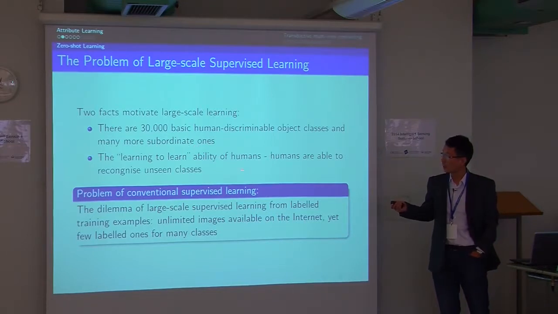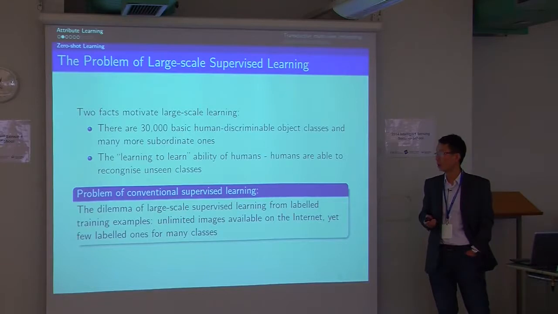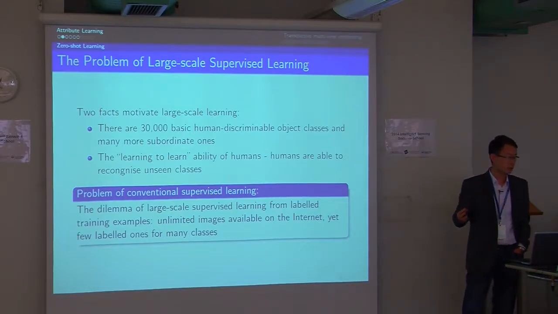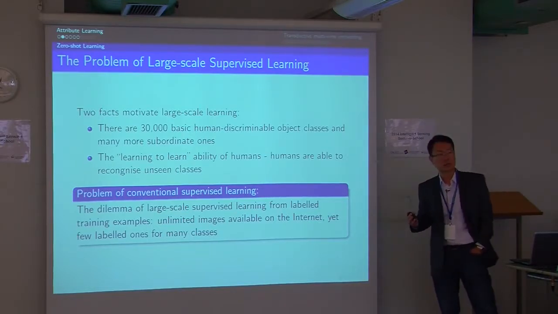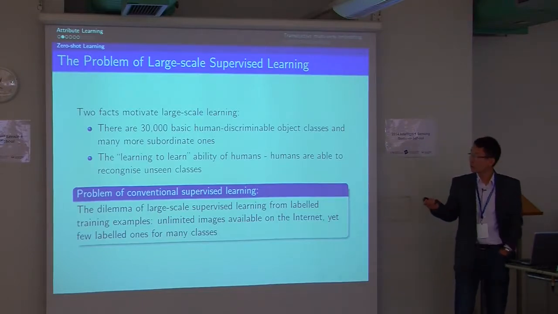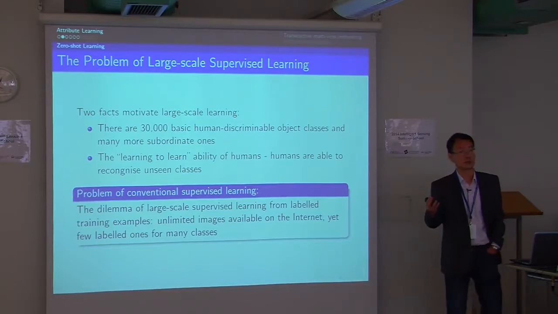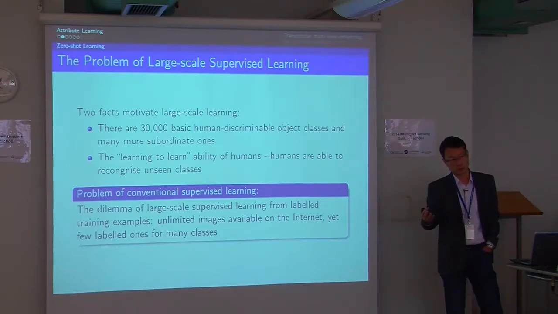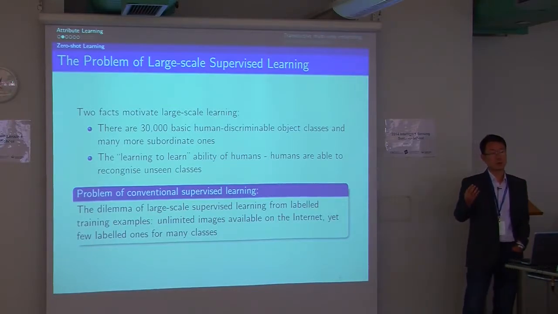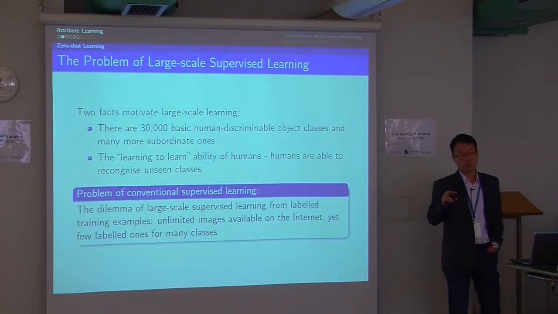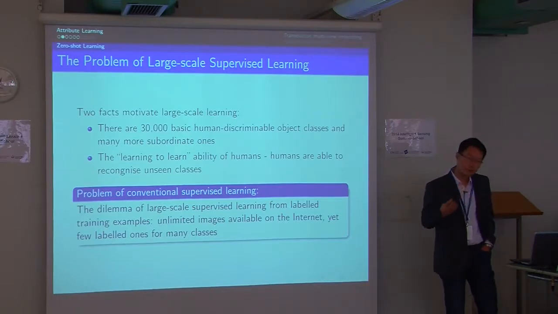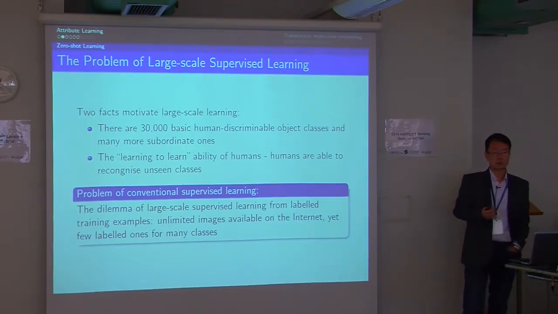Another thing we found out a long time ago is that humans have the ability of so-called learning to learn, which means for a lot of categories people have probably never seen any images of them. But if people are familiar with, let's say, 1,000 categories, then you just describe to them what a particular category looks like, and people have no difficulty recognizing this new category.